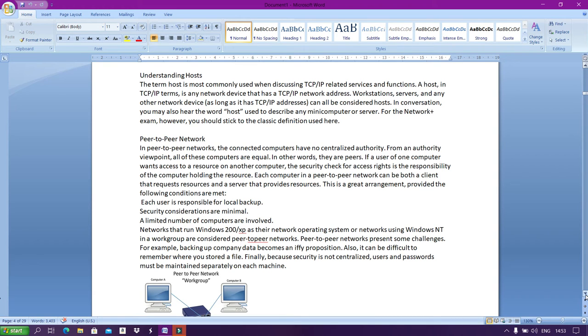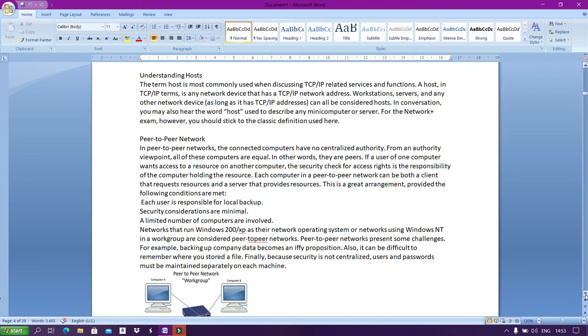Workstations, servers, and any other network device, as long as it has a TCP/IP address, can all be considered hosts. In conversation, you may also hear the word host used to describe any mini computer or server. For the Network Plus exam, however, you should stick to the classic definition used here.